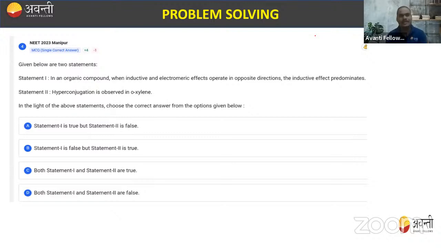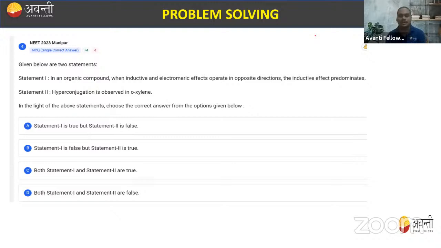Statement one states that in an organic compound, when the inductive and electromeric effects operate in opposite directions, the inductive effect predominates. Whether this statement is true or false. And statement two is that hyperconjugation is observed in ortho-xylene. In the light of the above statements, choose the correct answer.